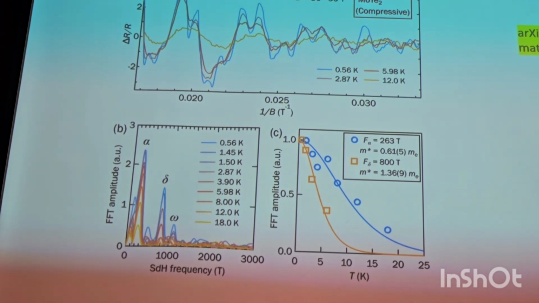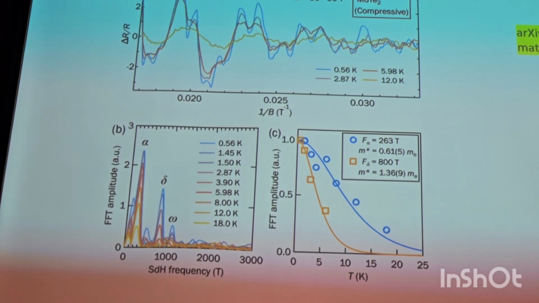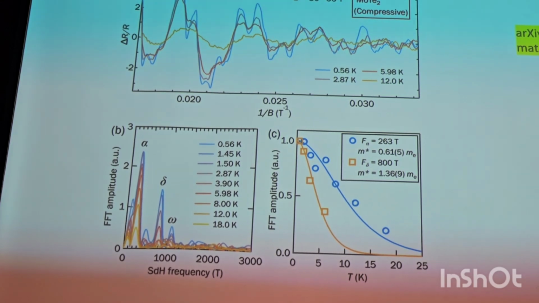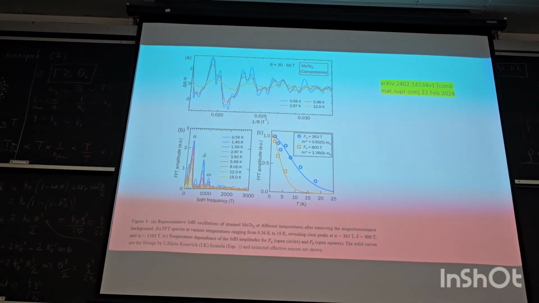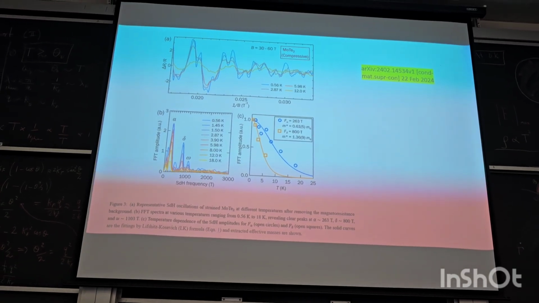These kinds of oscillations are called Shubnikov-de Haas oscillations, and these are due to Landau quantization. Because now the density of states is no longer a continuum, it has these spikes, and whenever a spike crosses the Fermi sphere, you get a sudden change in the resistivity. So these are the Shubnikov-de Haas oscillations.